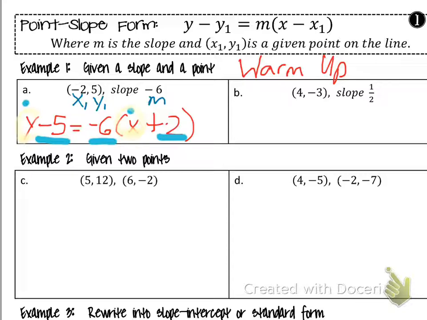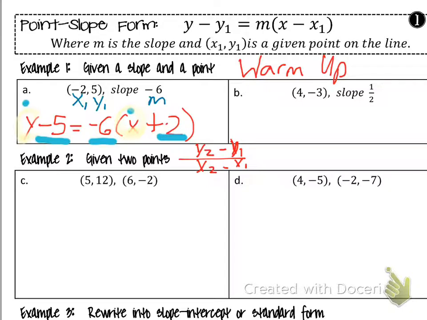Okay, example 2C. You're given 2 points. So you can't use point slope form without finding the slope first. So you're given 2 points. Well, you know how to find the slope if you're given 2 points. You use y2 minus y1 over x2 minus x1.